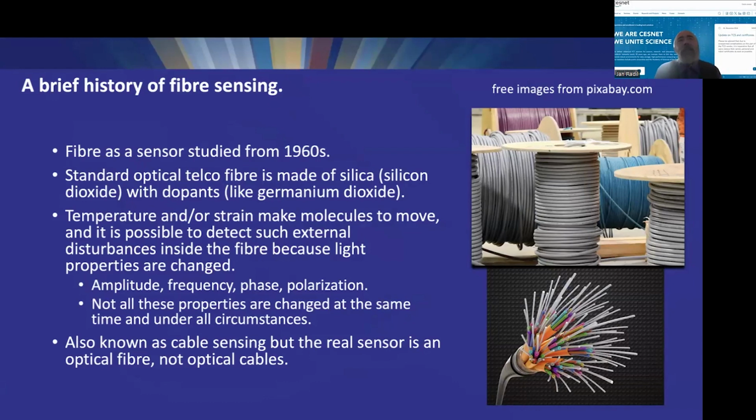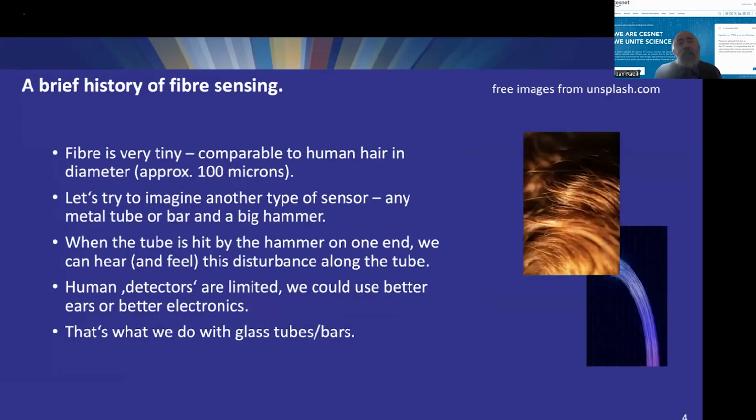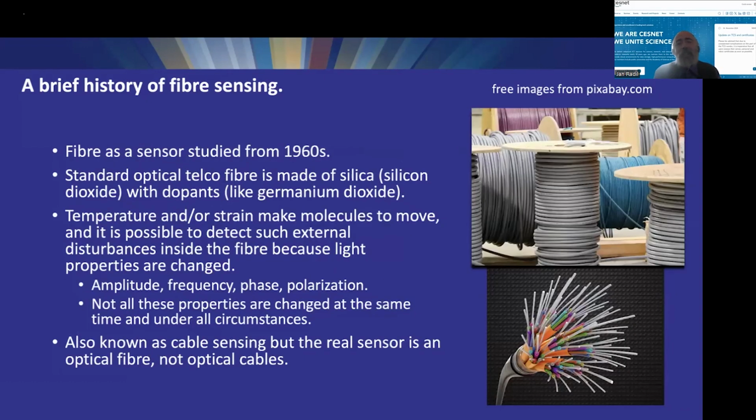Fiber has been studied for a long time, especially for sensing applications, since the 1960s. Standard telco fiber, which we use, is made of silica, which is silicon dioxide, with certain dopants. When this fiber is exposed to some external effects, we can push it and press it, perhaps hit it, then these molecules move, and we can detect these small changes in positions when we use light as a probe.